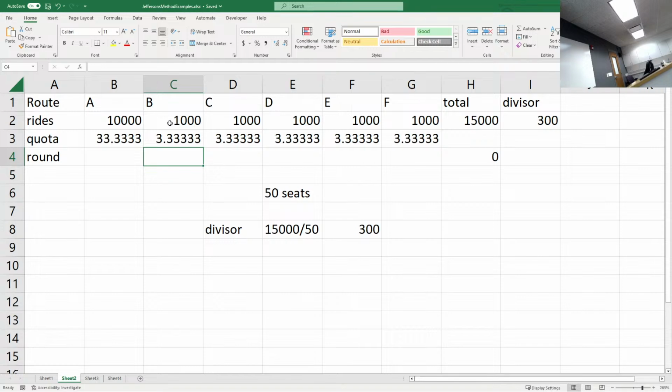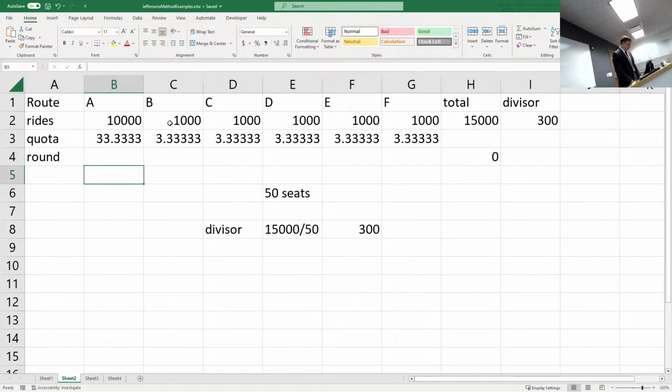These are the standard quotas for each of these. So let's talk about the lower quota and upper quota for each of these states. First of all, state A: lower quota would be 33, upper quota would be 34. State B: lower quota would be 3, upper quota would be 4. And that's going to be the case with every one of these. So now we can sort of simulate this.